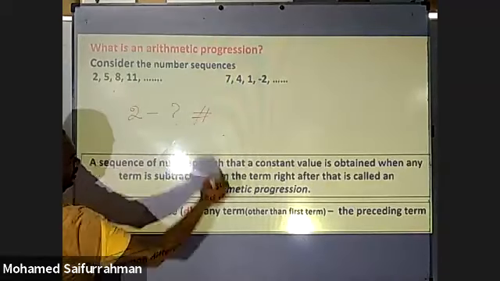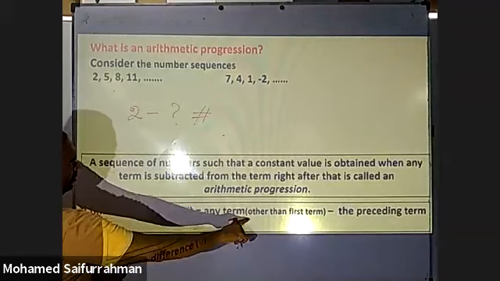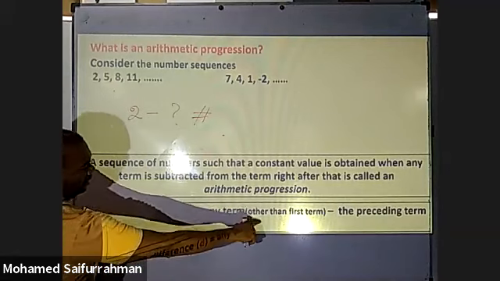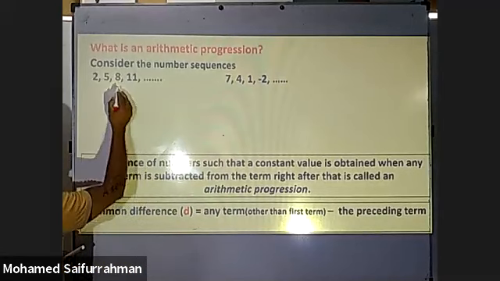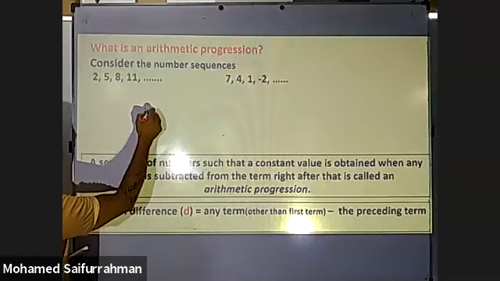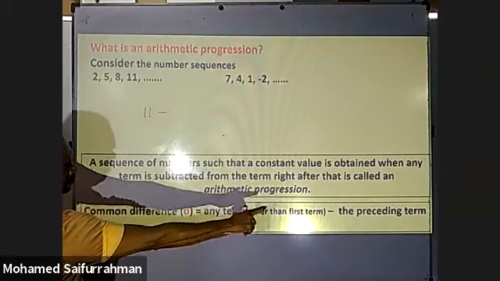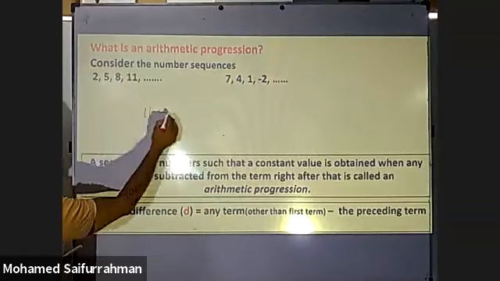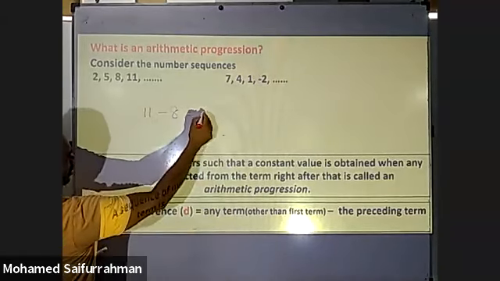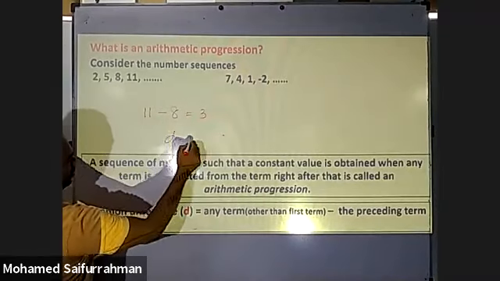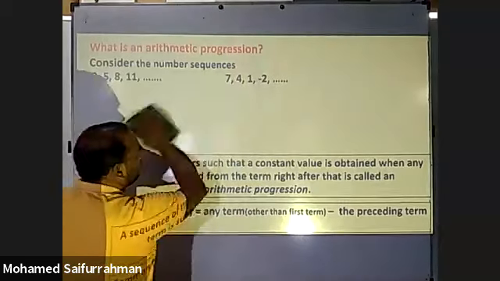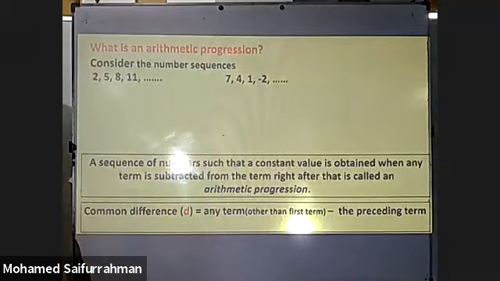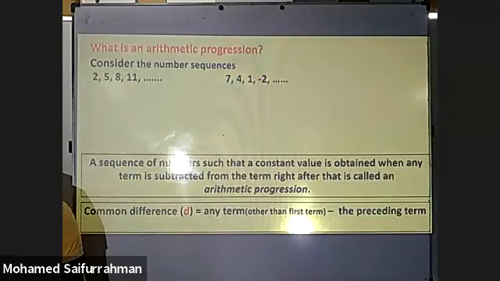So don't take the first term, take any other term: 11 minus the preceding term 8, that is 3. So D equals 3. Okay, this is the basic introduction to arithmetic progression and the common difference.